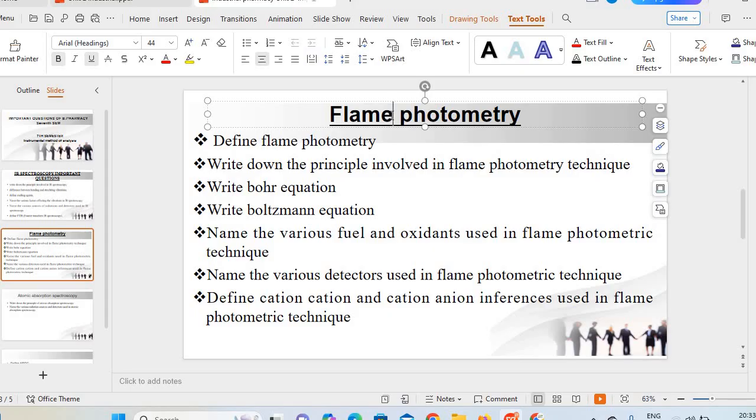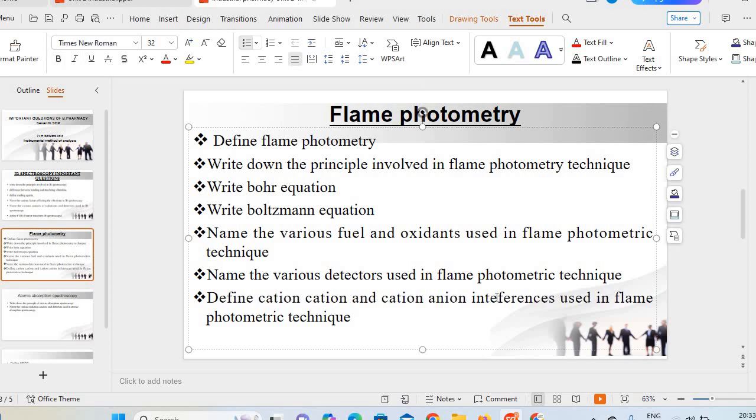Next question: define cation and cation-anion interferences in flame photometry techniques. In flame photometry, there are a number of interferences, and two of the types are cation and cation-anion interferences.